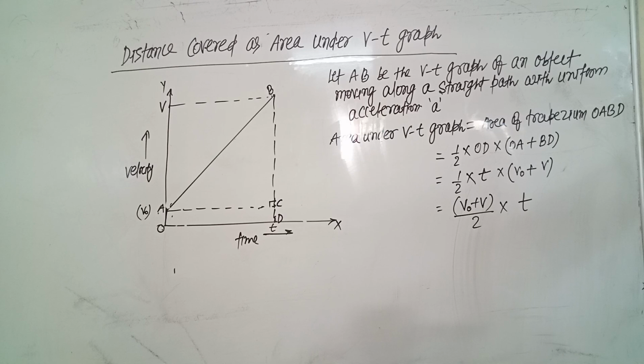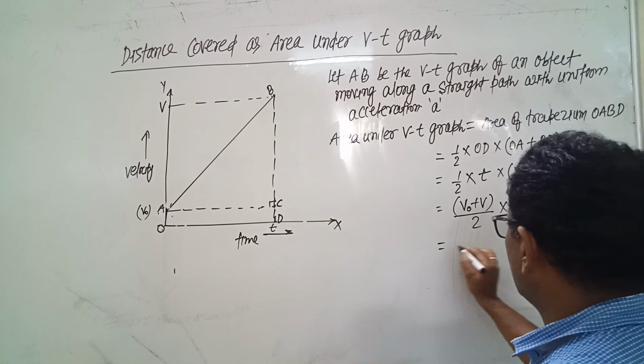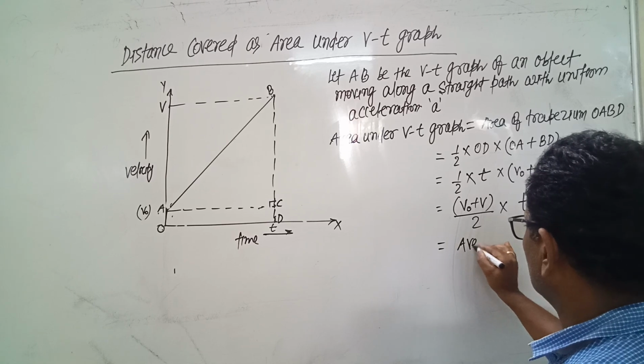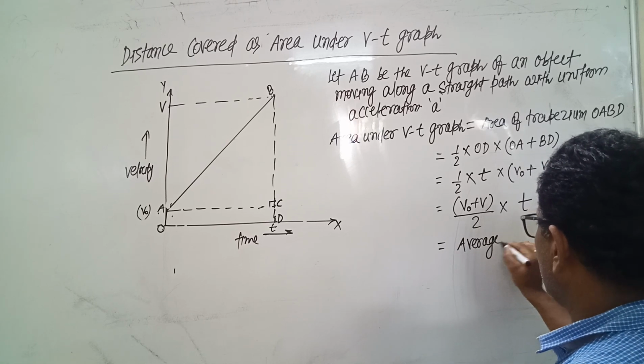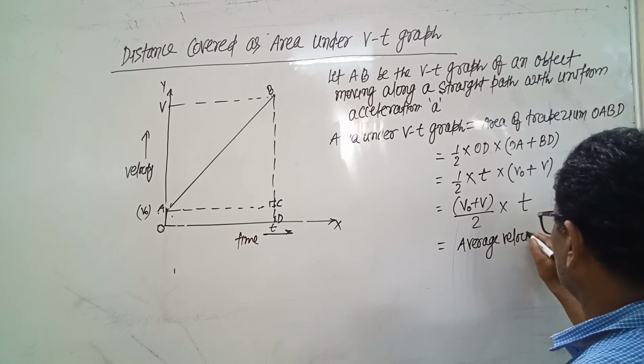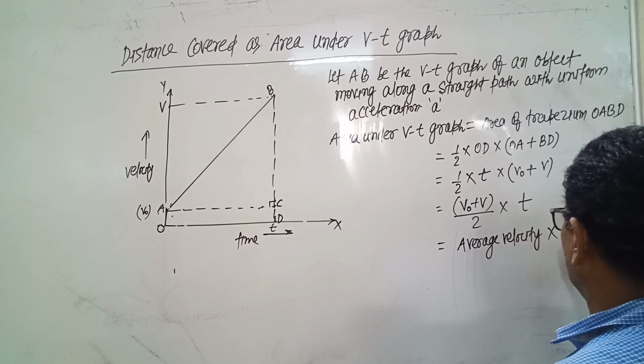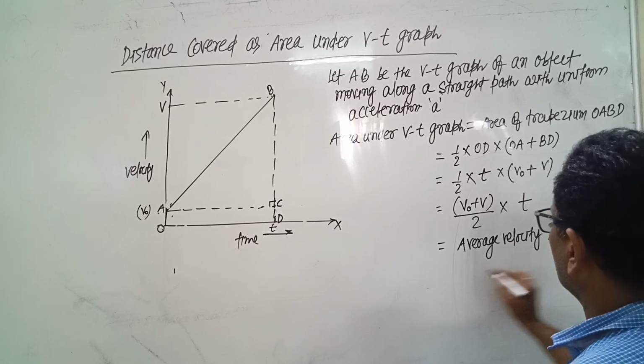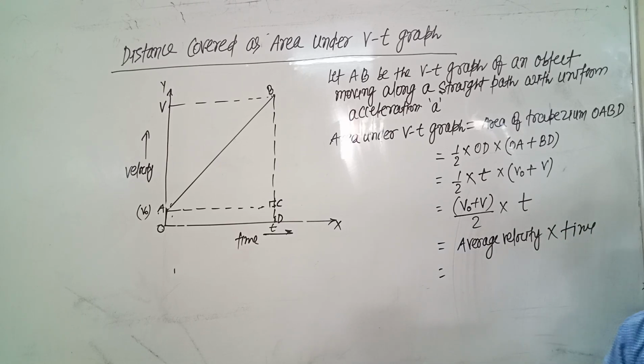And v naught plus v by 2 is also known as the average velocity. So average velocity into time, and we know average velocity into time is the distance traveled.